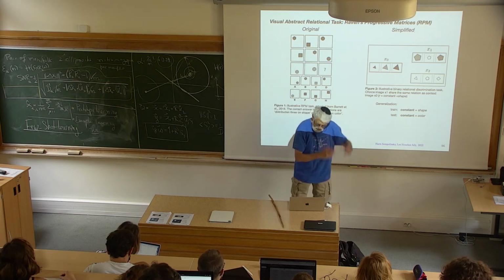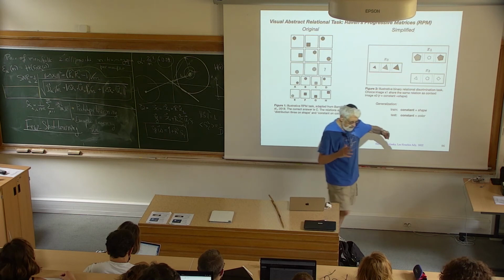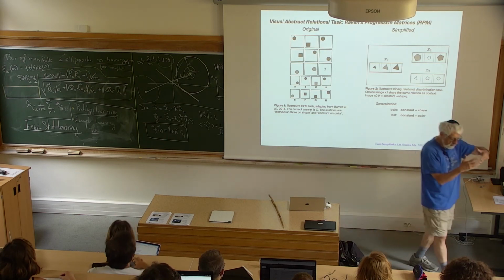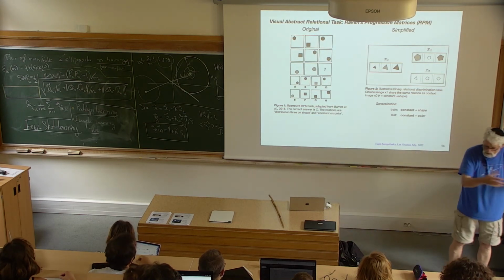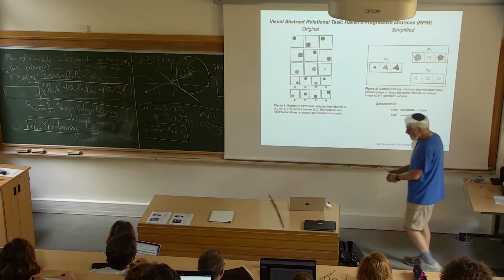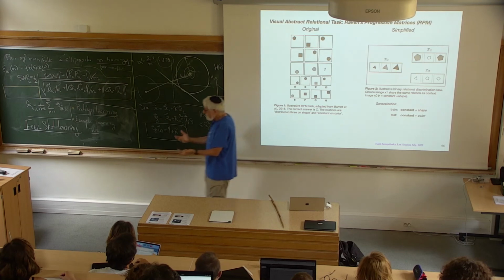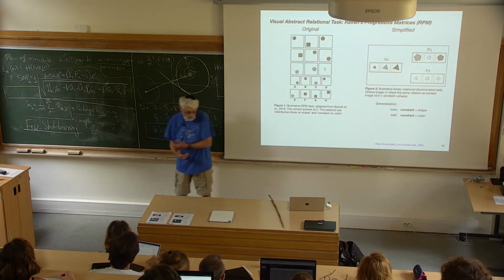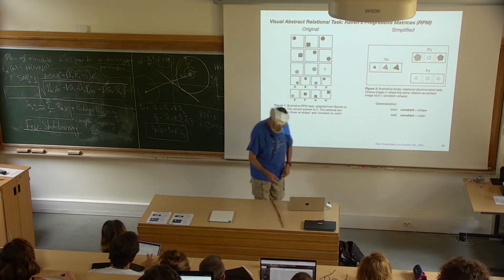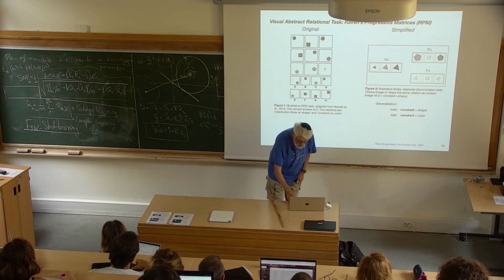So this is the extension. Rather than discriminating new objects on the basis of a set of objects, here you have to infer new abstract rules on the basis of having been trained on a subset of the rules.